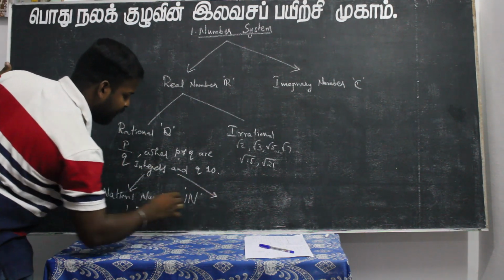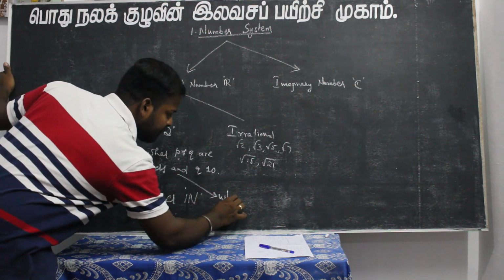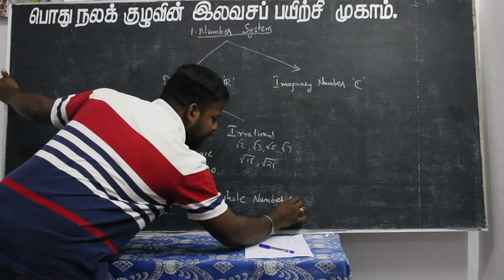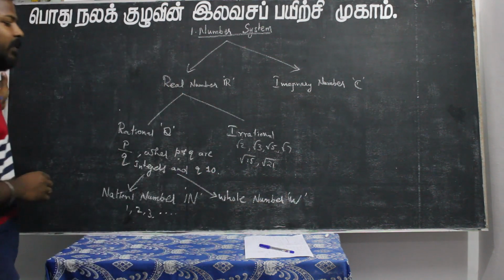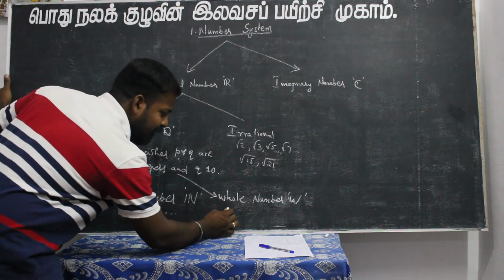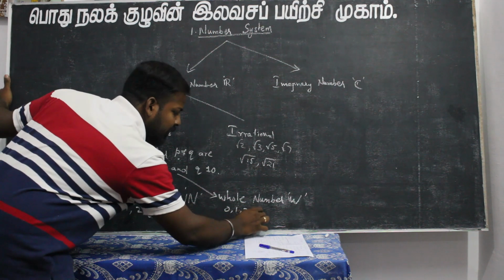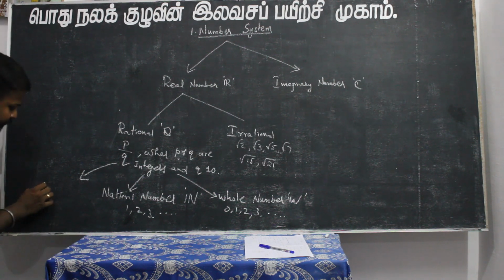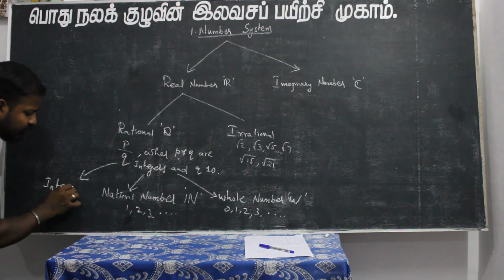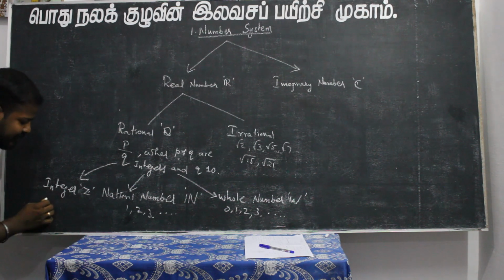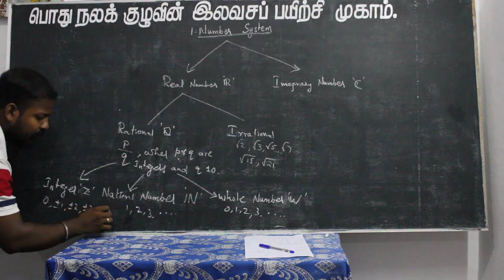The second one is the whole number, denoted by capital W. Whole numbers additionally have one element, that is 0: 0, 1, 2, 3 up to infinity. The third one is the integer, denoted by capital Z. Integers have 0, plus or minus 1, plus or minus 2, plus or minus 3, up to plus or minus infinity.